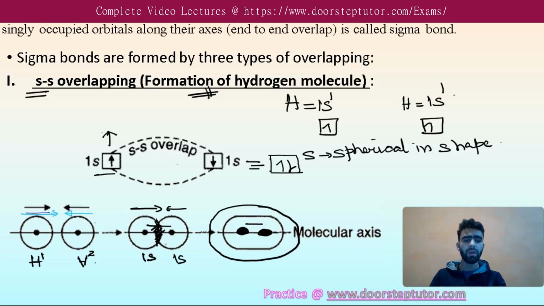So whenever head-on overlapping occurs, in the case of hydrogen, overlapping between s orbitals happens, as a result of which a covalent bond is formed. This type of overlap is called ss overlapping, and the formation of the hydrogen molecule is an example of it.